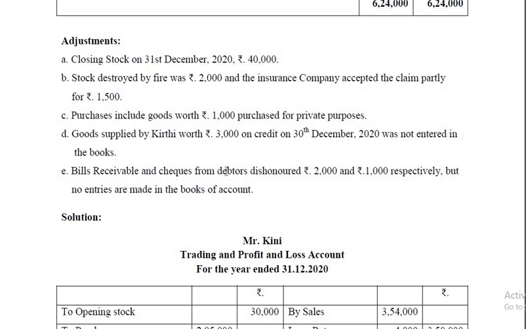In the next, bills receivable and cheques from debtors dishonored, 2,000 and 1,000 respectively, but no entries are made in the books of account. So when you draw the bill, the entry will be bills receivable account debit to debtors. If it is dishonored, the reverse entry should be passed, that is, debtors account debit to bills receivable. That means in the balance sheet, from bills receivable you have to deduct 2,000.